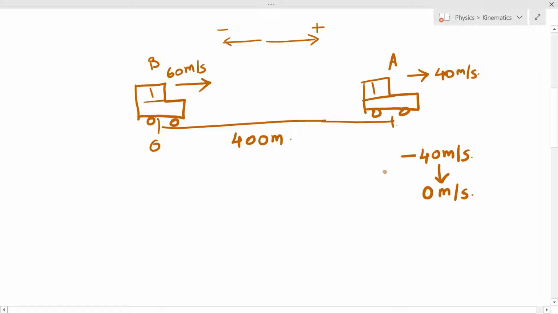Now in order to balance things out, you have to subtract from 60 meter per second also. So this will be minus 40 meter per second, which will become 20 meter per second. Now this 20 meter per second is the velocity of car B with respect to A, that is, velocity of car B minus velocity of car A.